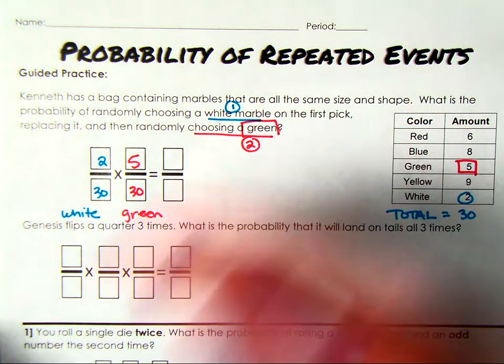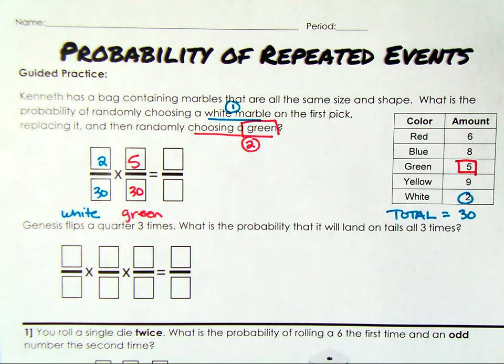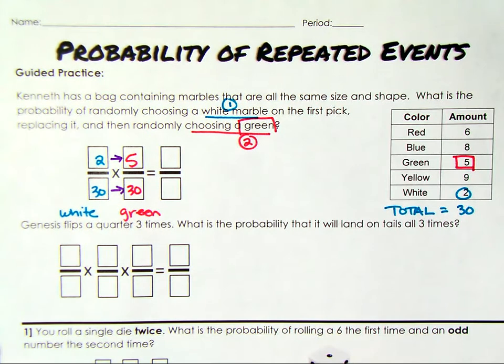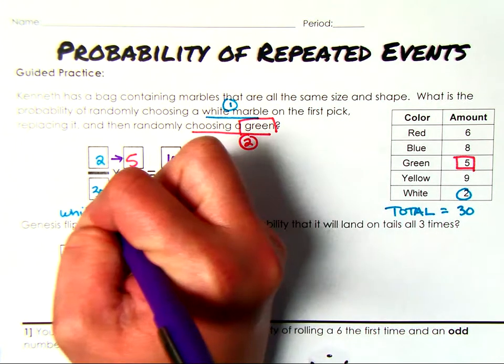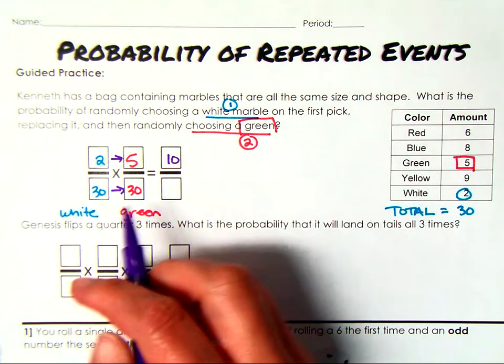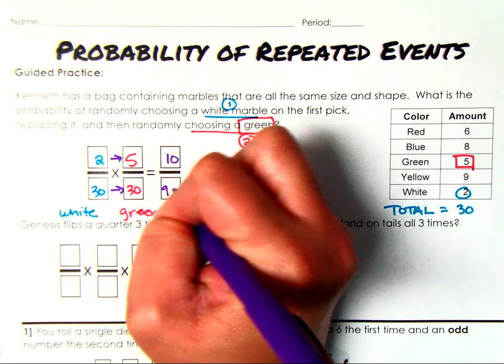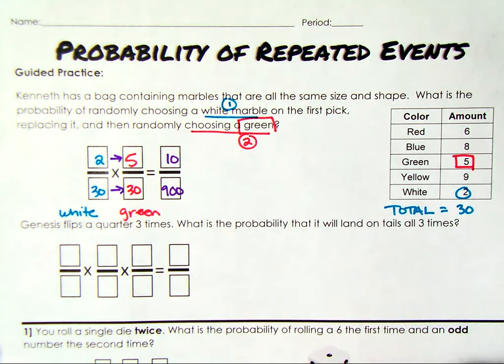Okay, so now to make sure you have that white and then green combination, we're going to multiply those fractions. 2 times 5 is 10. 30 times 30, well, if you pretend those zeros aren't there, 3 times 3 is 9, and then put 2 zeros back, so it's 900. Of course, we could reduce, but we could leave it just like that.